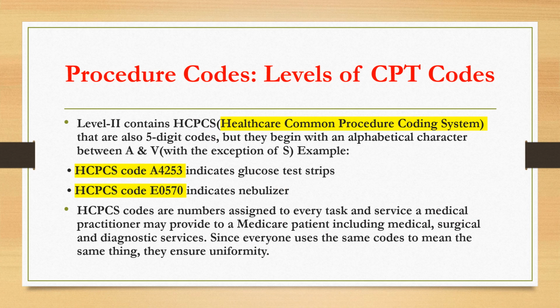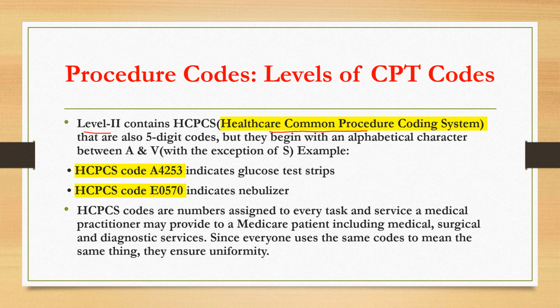Now let's talk about level 2, which contains HCPCS, Healthcare Common Procedure Coding System. They are also 5-digit codes, but they begin with an alphabetical character between A and V, with the exception of S. So that's how you can identify it.